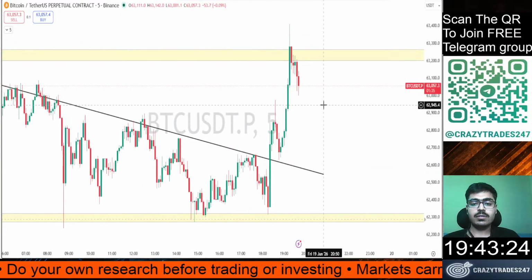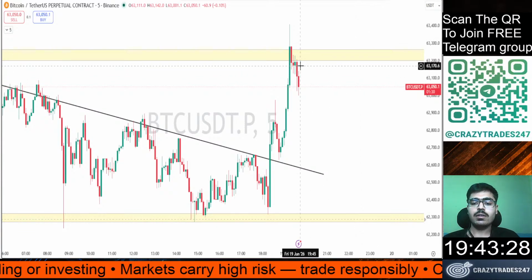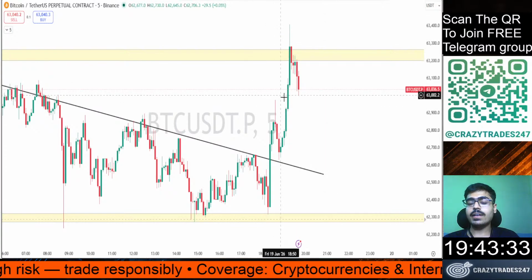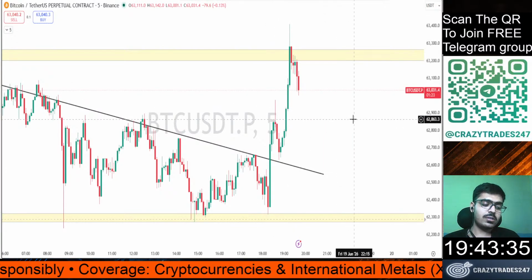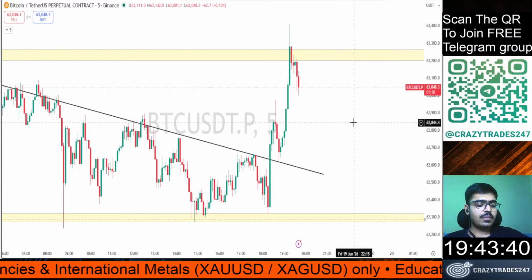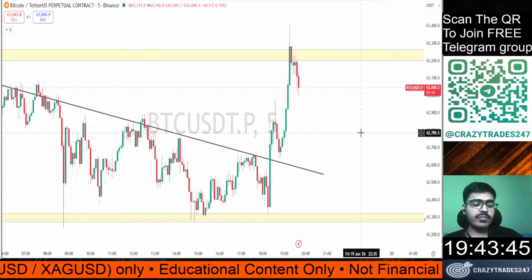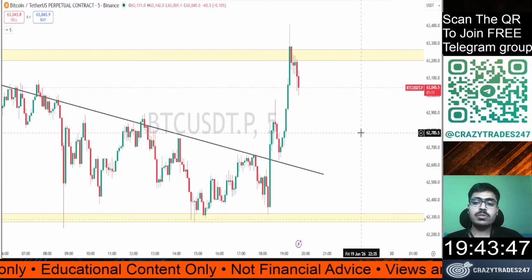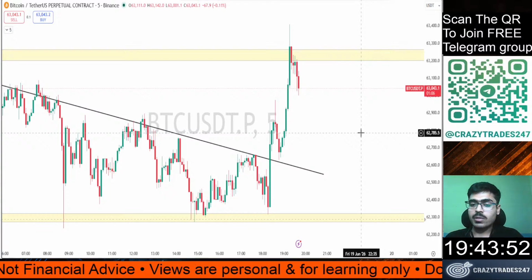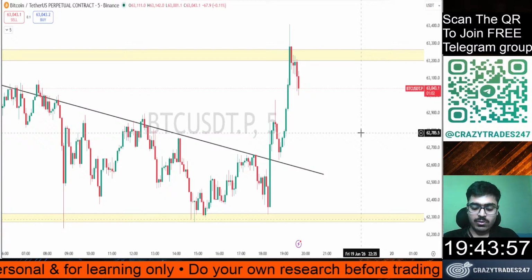For a short entry, we need some kind of consolidation here for a considerable period of time, and after that, a breakout of that consolidating range would lead us to take a short entry. But before that, we should not be in a hurry. We should always wait for a confirmation. It's completely fine if you miss some trade, because the market is always going to be there for you, but your capital might not be.